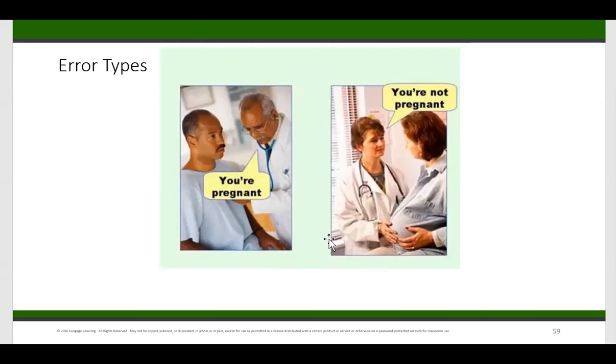All right, so I'm going to talk about the left panel, the left picture first, and then we talk about the second one. So before you can say if this is a type 1 or type 2 error, you need to actually have your null and alternative hypothesis developed.